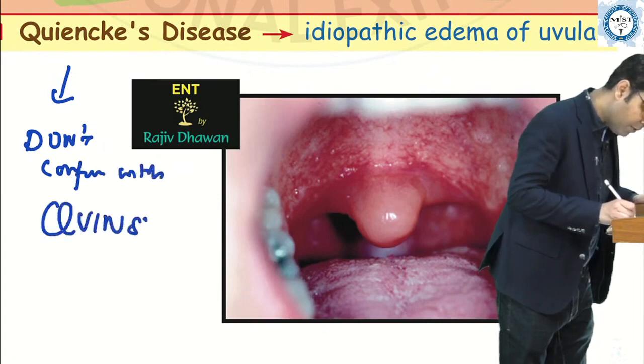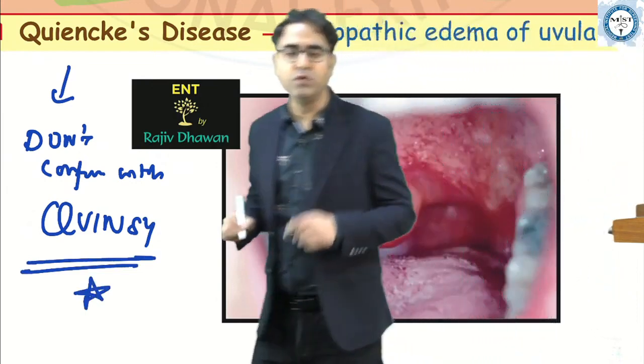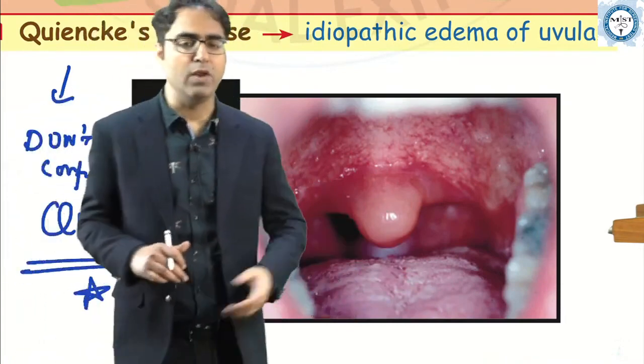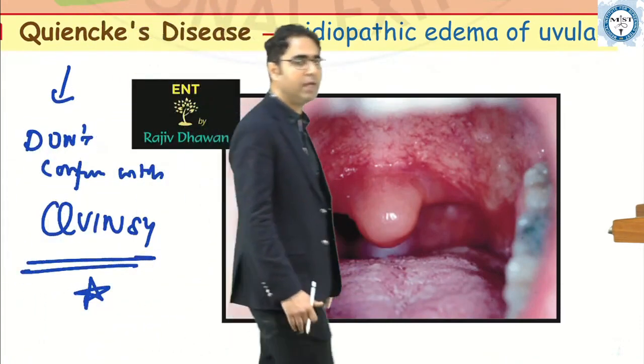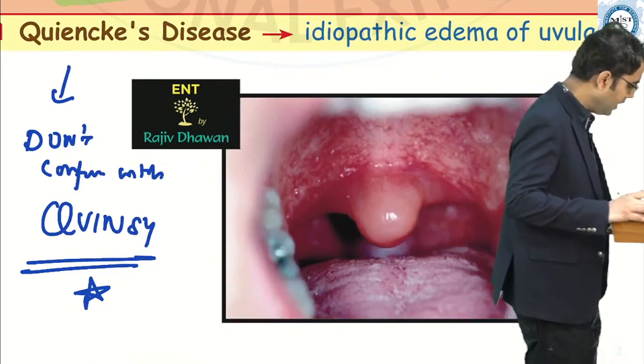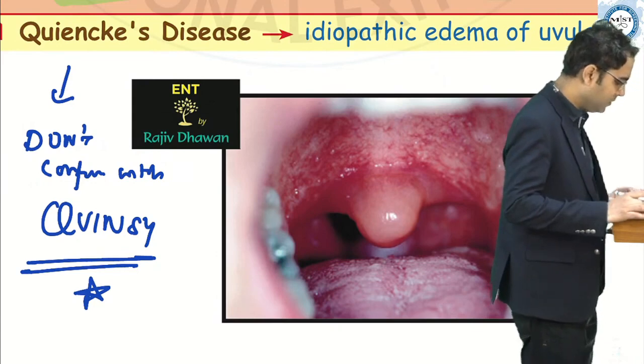The spellings are almost the same, and sometimes they might confuse you. Fmge and Quinsy are different. Fmge is edema of the uvula. Only the uvula has got edema. Am I clear? Fine.